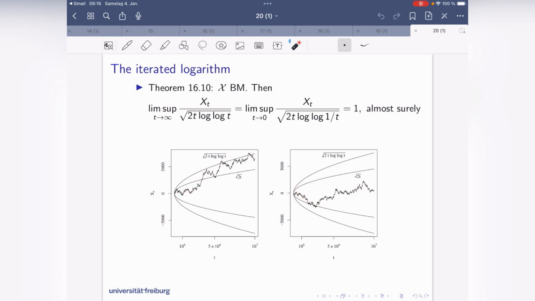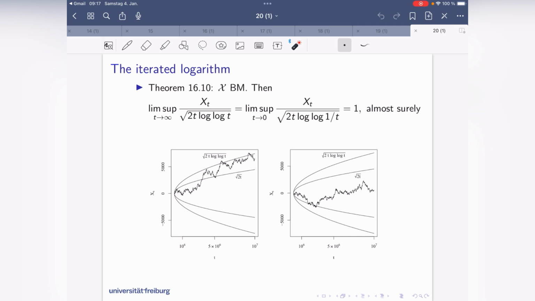And the goal of this law is to find a curve, which will be this curve here, such that almost surely the Brownian path will touch the curve, but it will not go beyond it very often and not stay, the maximum will not stay below it very often.